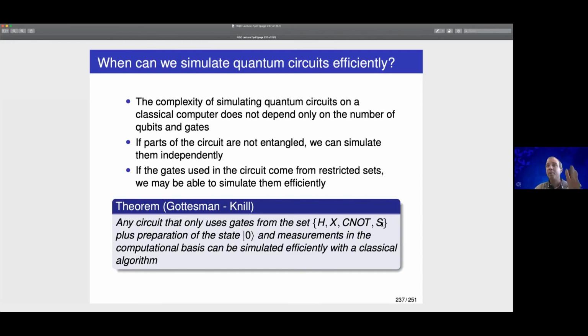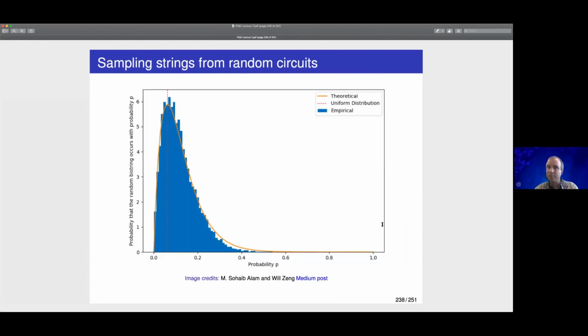So provided you construct these circuits in that way, there are these theoretical results that show that sampling from the distribution that you obtain, the distribution of results of the strings that you measure by taking a random circuit, follows a certain theoretical distribution, which is related to what is called the Porter-Thomas distribution.